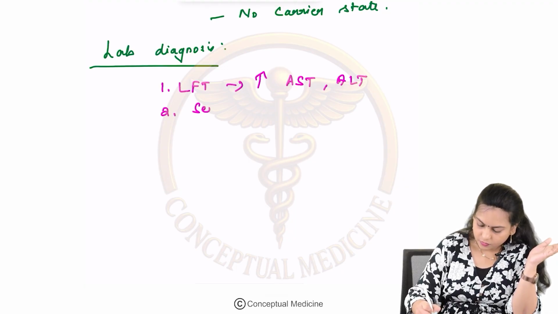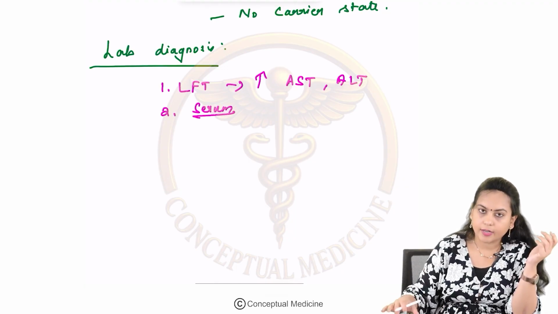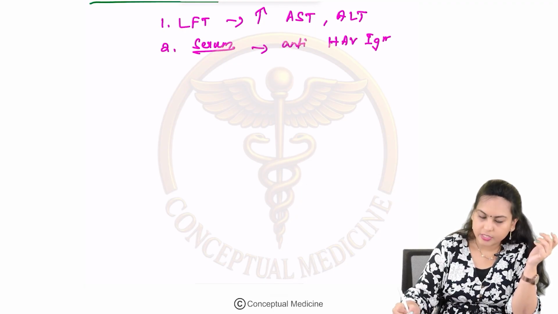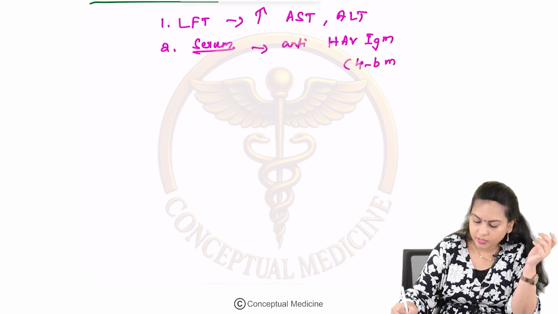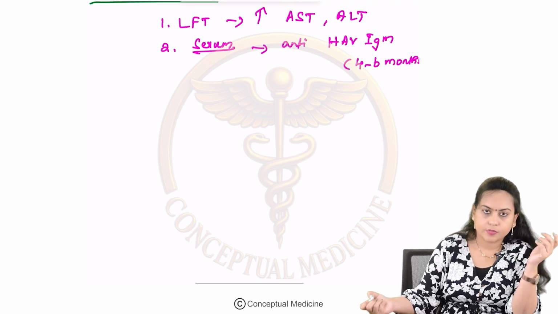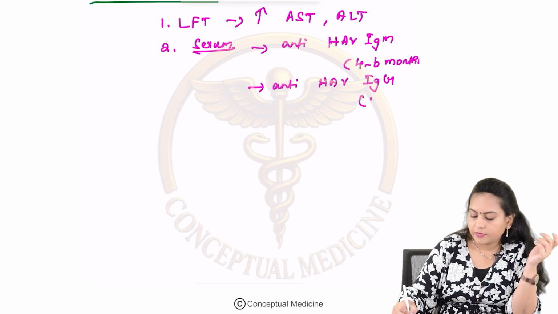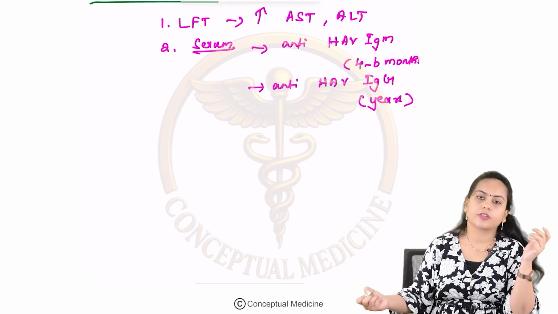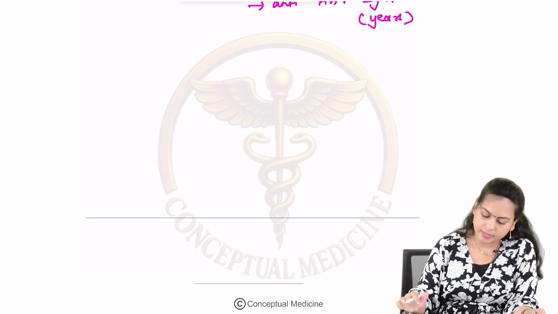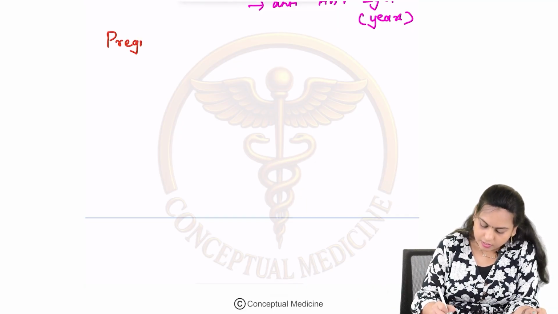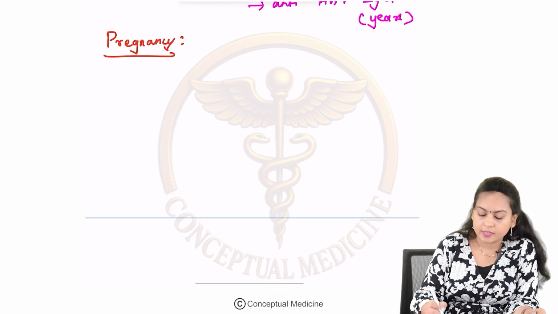Also, if you check the serum for antibodies, you can have anti-HAV IgM if there is a recent infection in the past 4 to 6 months, or anti-HAV IgG if the infection has been present for years. Clear? Yes.